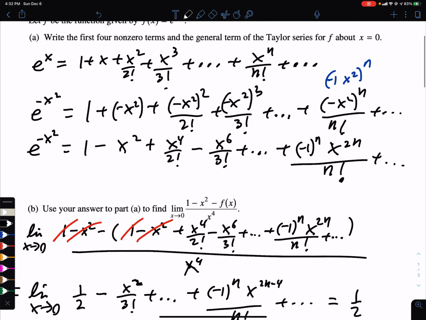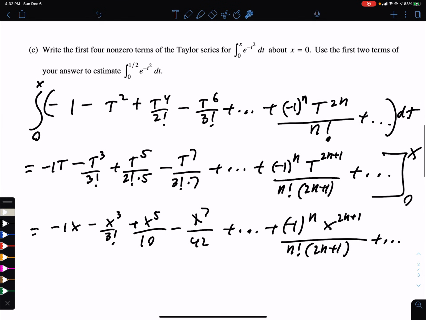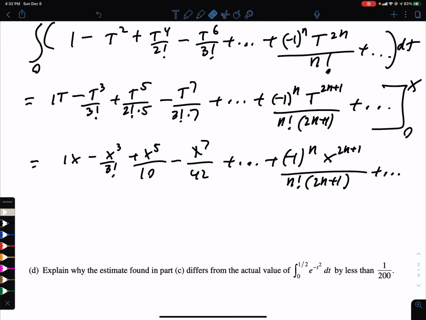Oh, okay, I've got to back up. When I copied, I picked up part of the equal sign, so there shouldn't have been a minus there. That was throwing me off. So I think we're looking good now, and we only needed the first 4 terms. I didn't need this general term out here. That's just extra unneeded things.